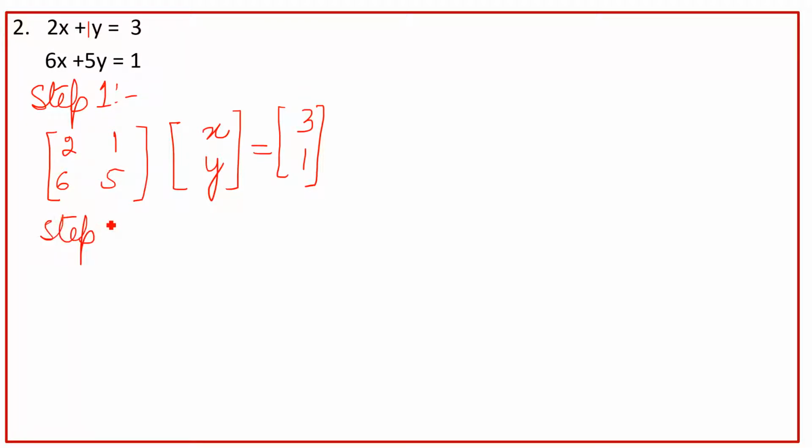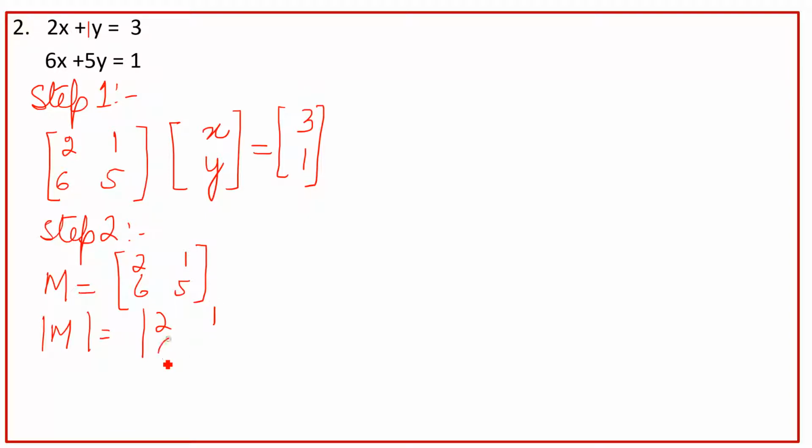Okay, this is the first step. Second step is, suppose I will call the coefficient matrix M. I have to take the determinant. So we will represent the determinant with these straight lines: 2, 1, 6 and 5. And how will we find the determinant?